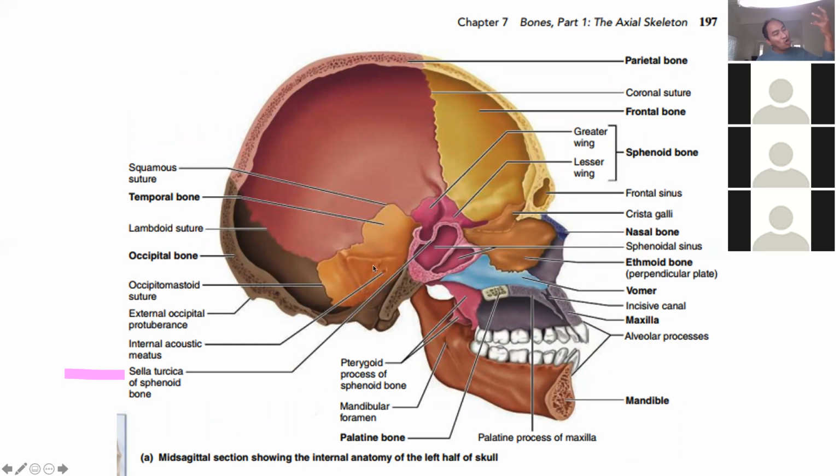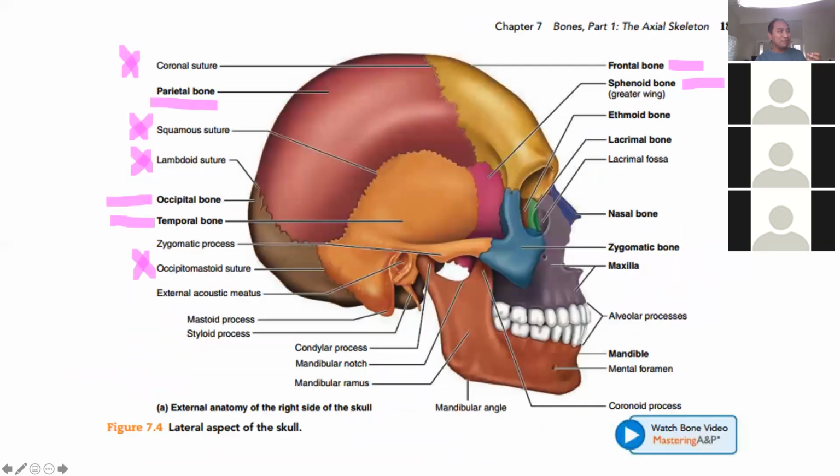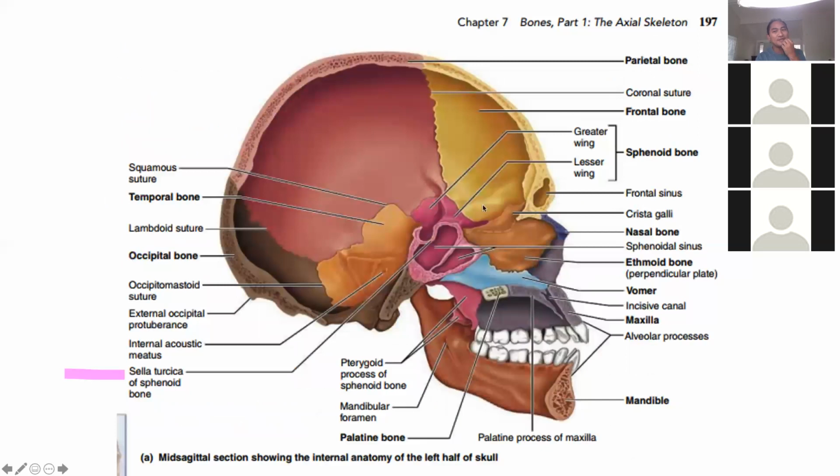We are seeing the opposite temporal bone from inside. And that's pink. This pink, what we call sphenoid bone, the little piece we can see from outside. It's pretty big here, inside here. It contributes to a lot of the inner portion of the brain, which is called sphenoid bone.